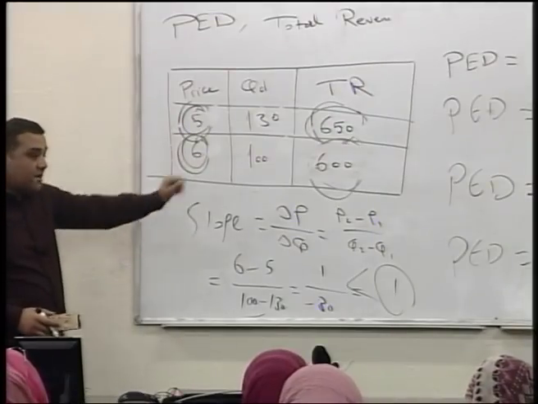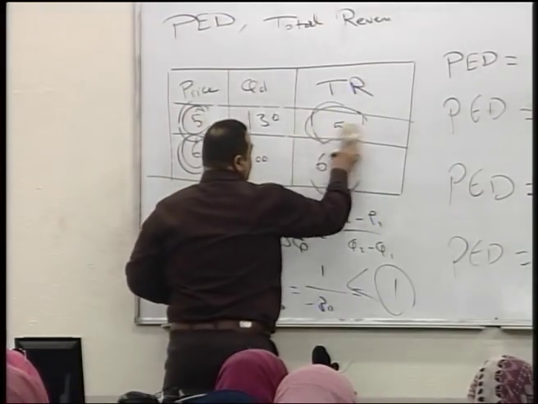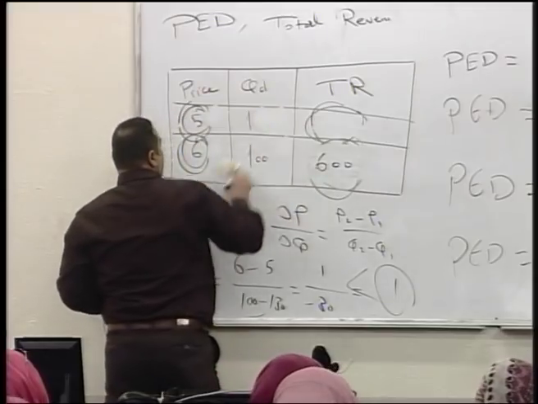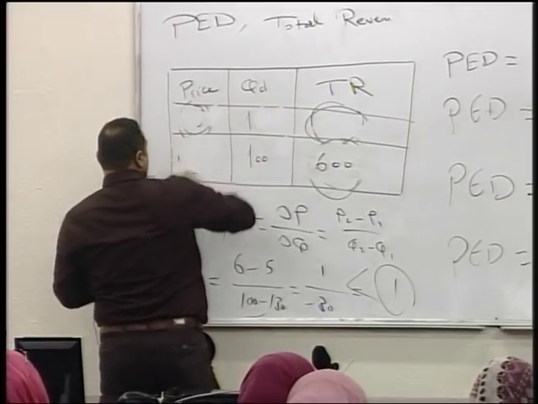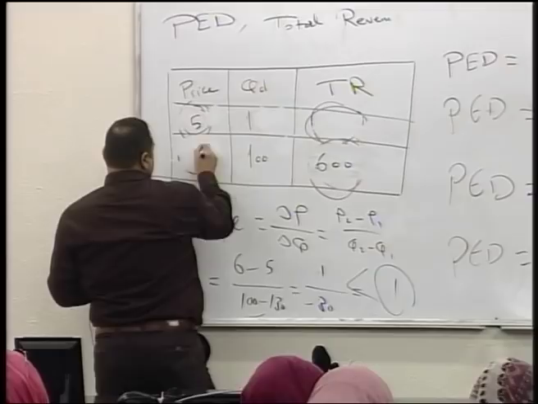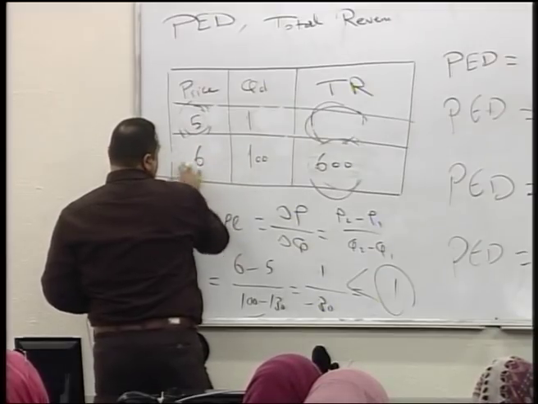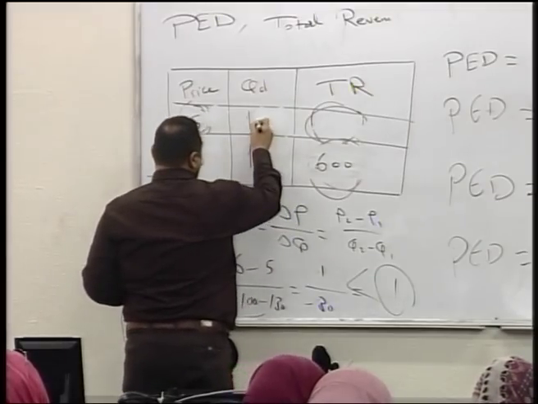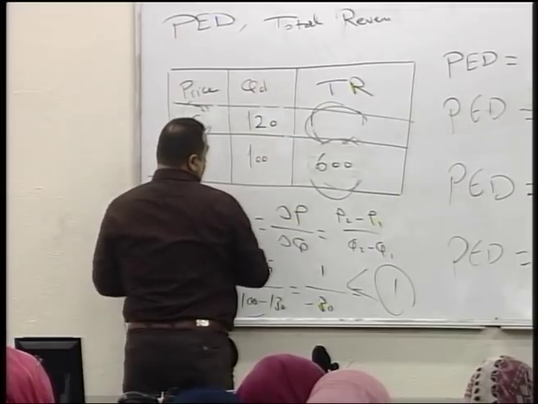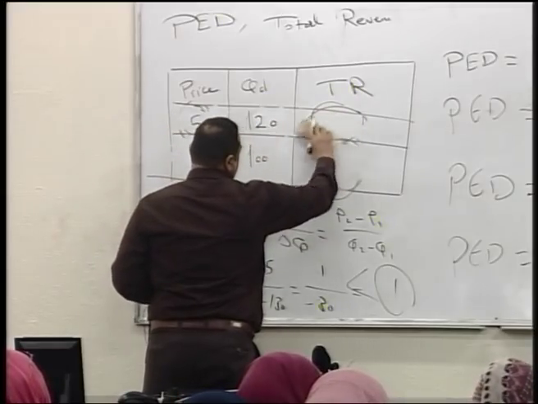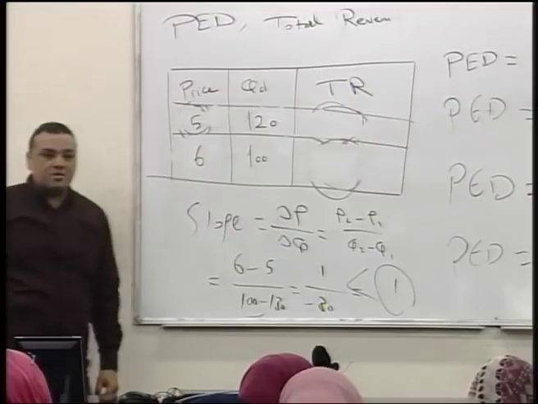Let's go to another point here. Let us assume that the price changed from 5 to 6 and the quantity demanded changed from 120 to 100. What do you see? How much is the total revenue here?